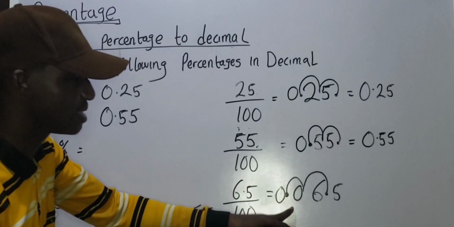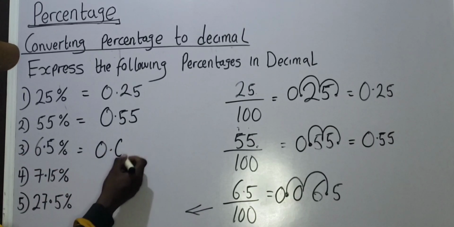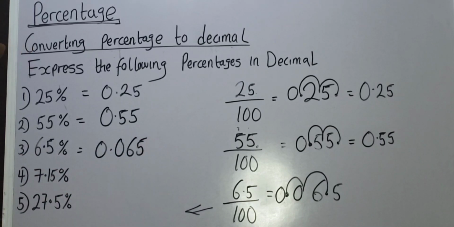By the time you multiply this by 100, you are going to have 6.5. You understand? Please, do you understand how I got this? If you didn't understand, pay attention while I solve the next question. Okay? So the value of this in decimal will be 0.065. Do you understand?